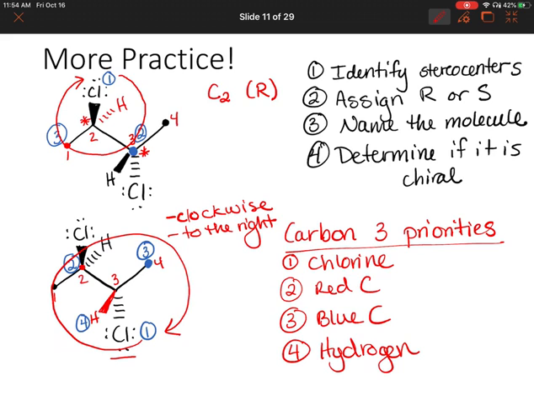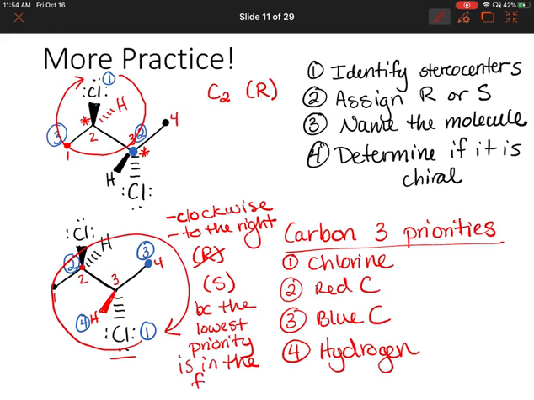So initially we would think that it's R, right? However, hydrogen is in the front, so our lowest priority atom is in the front. So it's actually the opposite. So it's actually S because the lowest priority is in the front.